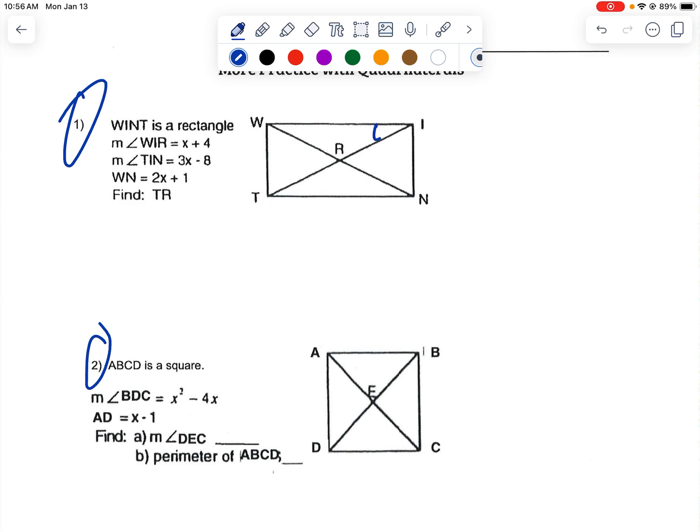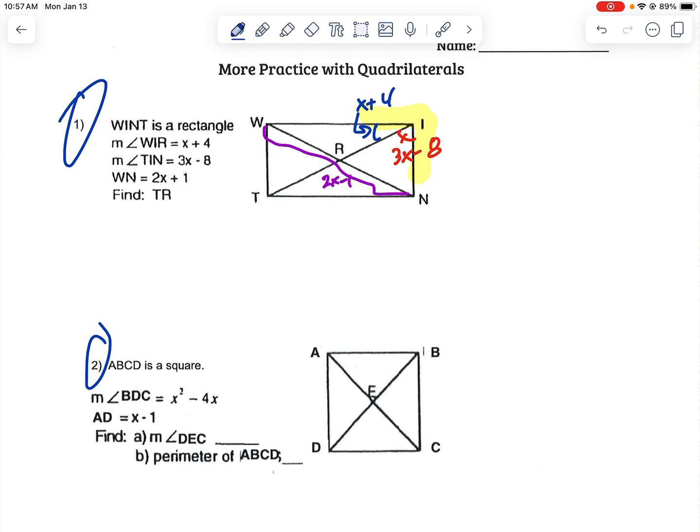So I know that this angle WIR is x plus 4. This angle right here, TIN, is 3x minus 8. And this whole W to N is 2x minus 1. This entire angle in a rectangle is a right angle.